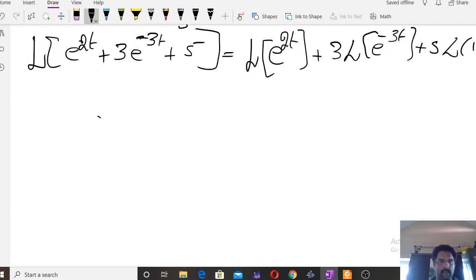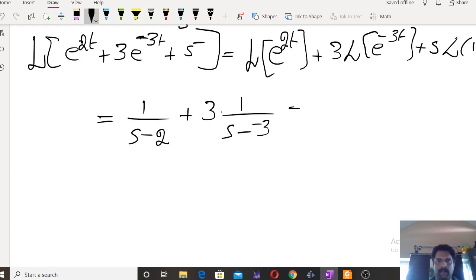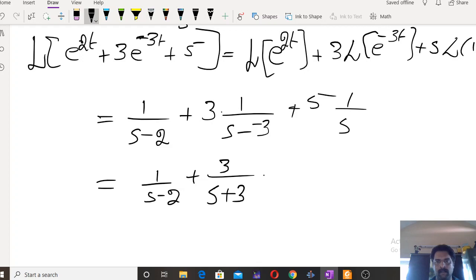That is 1 by s minus 2, plus 3 times 1 by s plus 3, plus 5 times 1 by s. So it is 1 by s minus 2 plus 3 by s plus 3 plus 5 divided by s. That's the required Laplace transform. You can simplify it, but it's not that essential.